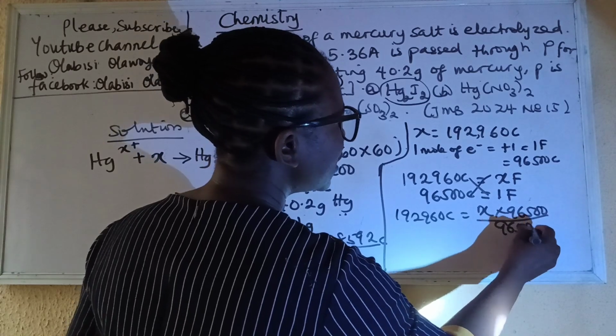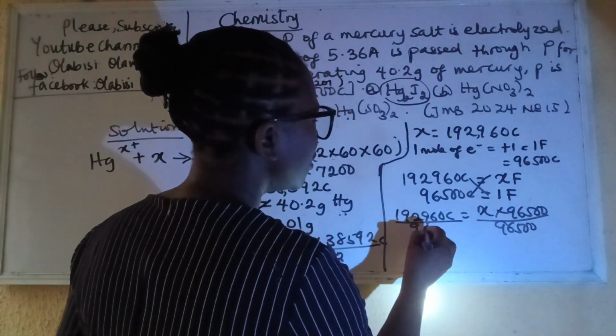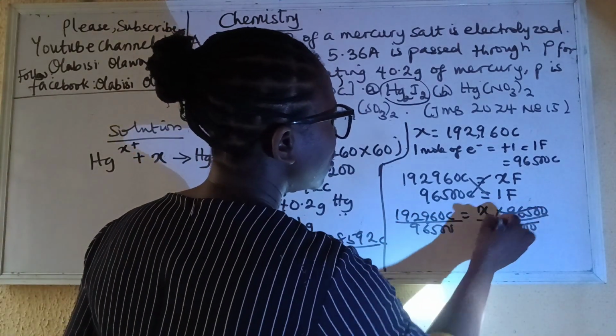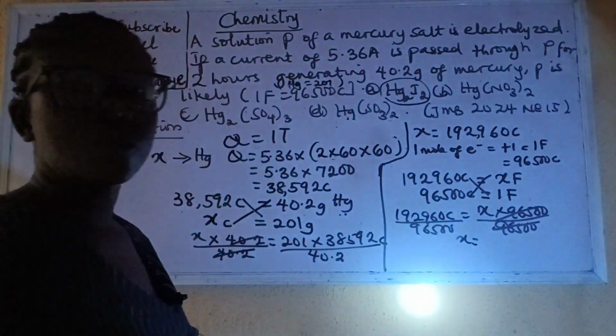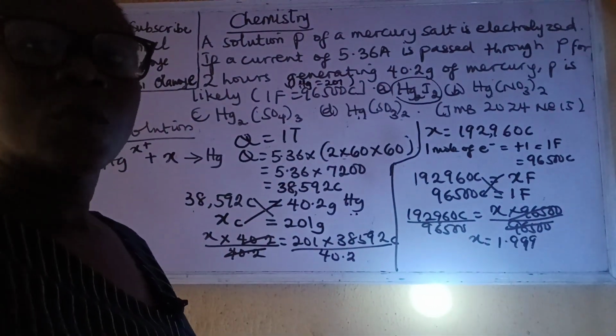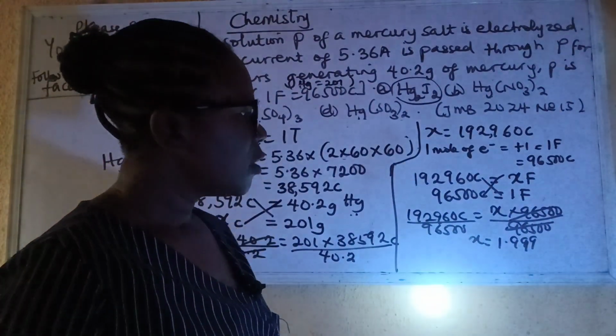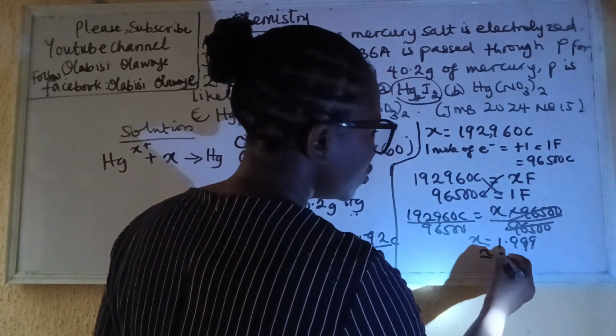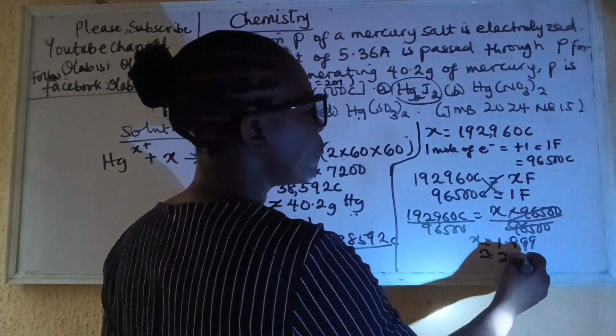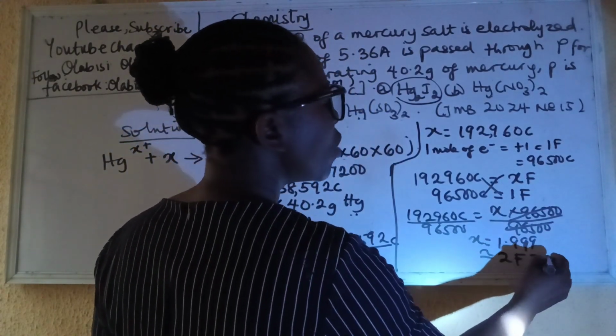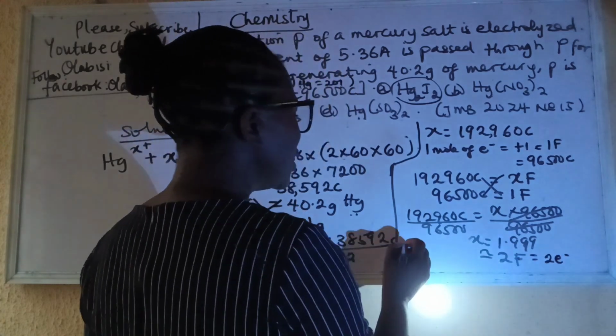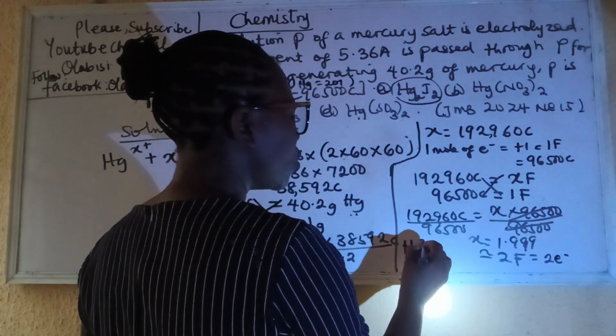Dividing both sides by 96,500, X is equal to 1.999, which is roughly 2. It means 2 Faradays, which is 2 electrons. So it means that mercury carries +2.